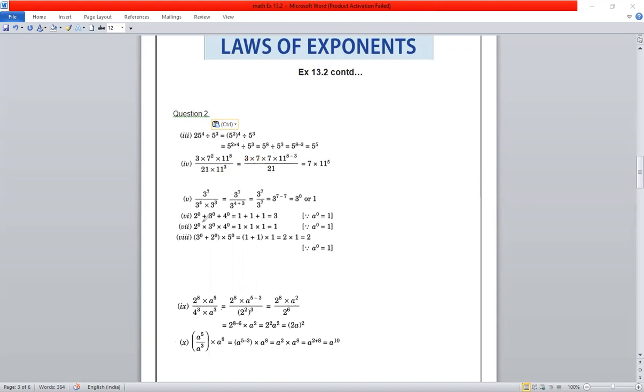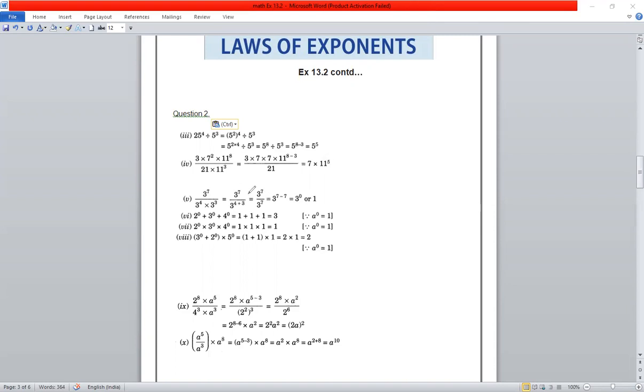Let us go to the next question here. 3 to the power 7 divided by 3 to the power 4 into 3 to the power 3. In the numerator, let us keep this 3 to the power 7 as it is. When bases are same, add the powers, that is 3 plus 4. 3 to the power 3 plus 4, that is 7.